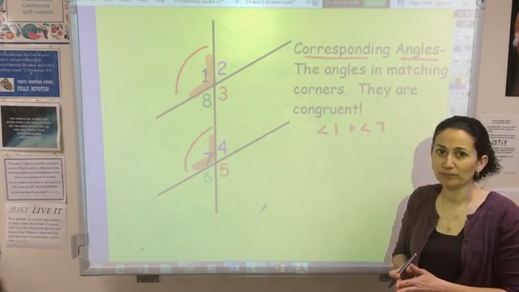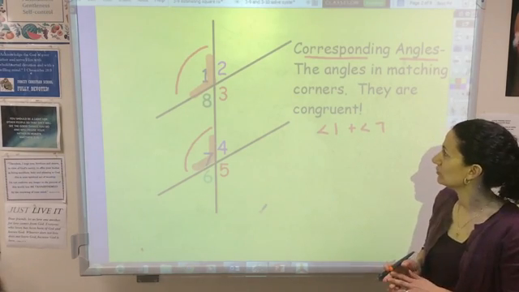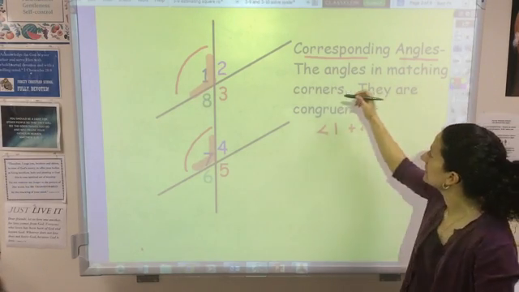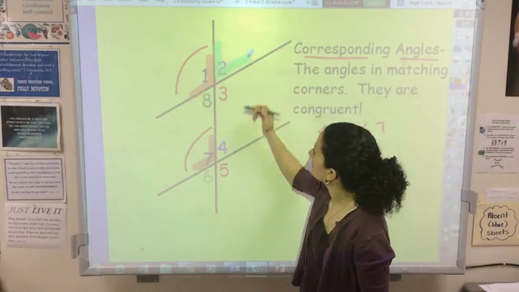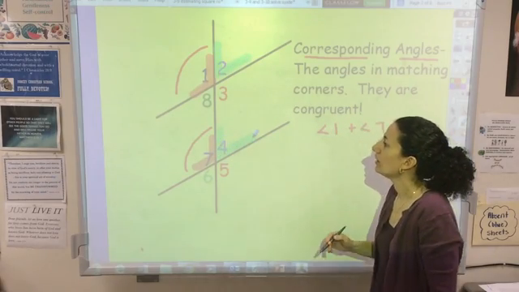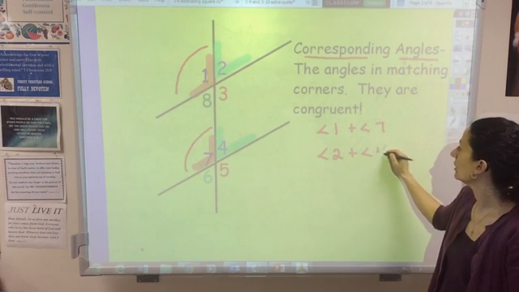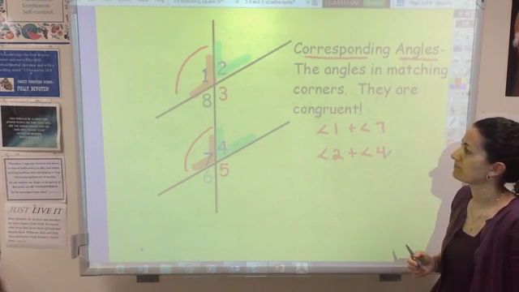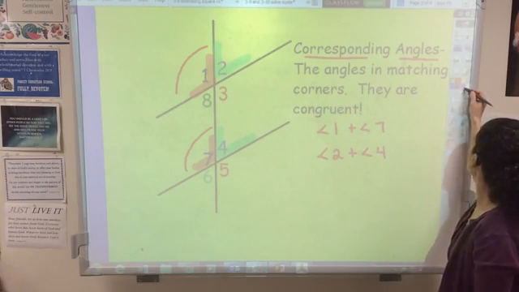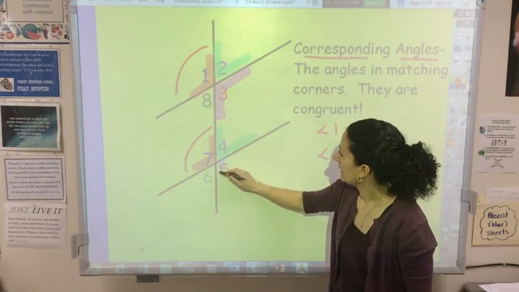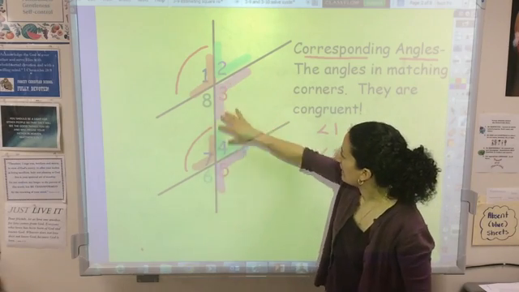Do you see any more? There are several more. Try to use different colors so you can see the different angles. Angle 2 and angle 4 are also in matching corners. Angle 2 and angle 4 are corresponding. Then we have angle 3 here and angle 5 are in matching corners.